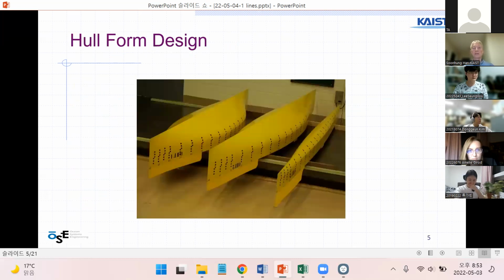You see here three different hull lines drawings or designs, thinner or flatter or fatter ships. So CB may be different for each type.